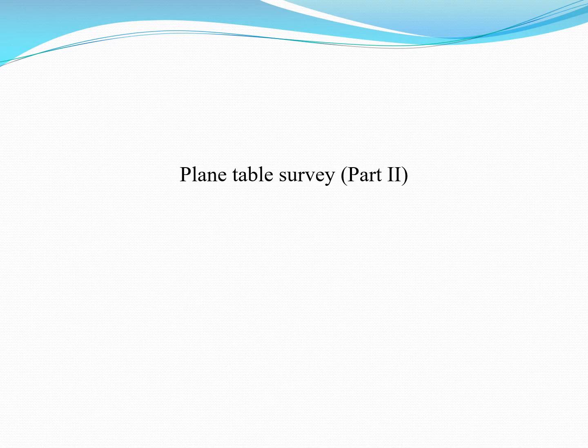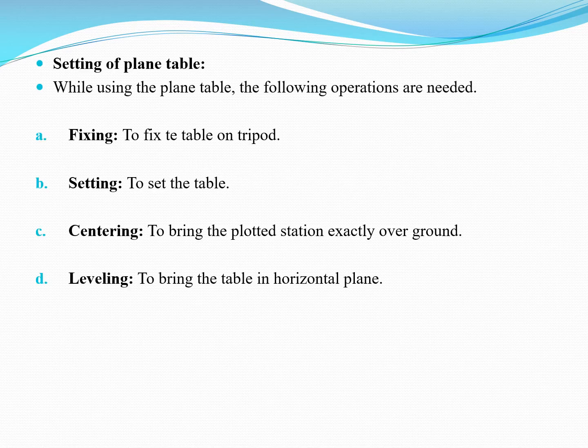So today we are discussing the setting of plane table, orientation of plane table and the methods of orientation, methods of plane tabling, and merits and demerits of plane table surveying. Okay, next. So let's start with the setting of plane table.